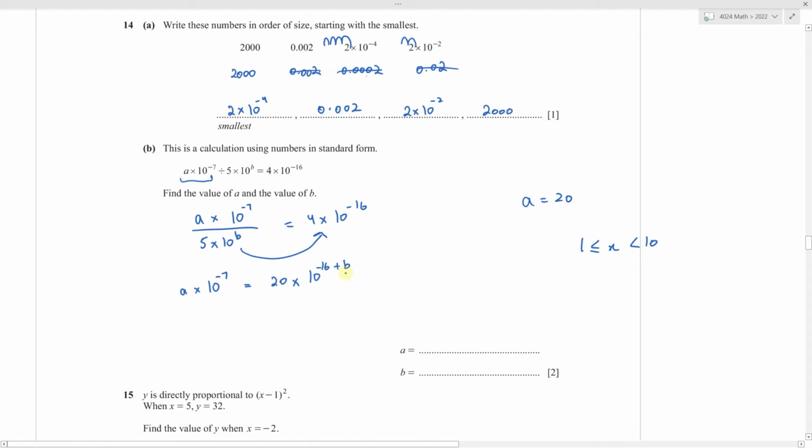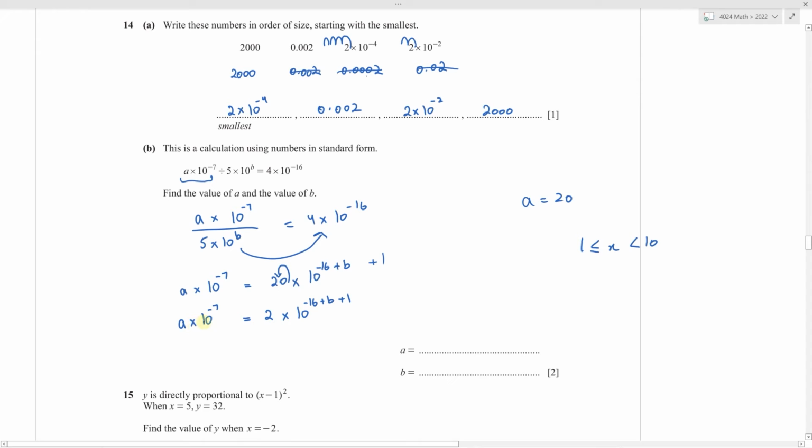So to bring this into this range, I can move my decimal from 20 to make it 2. I can move this decimal one place to the left. That means I have to increase my power of 10 by 1. When you move the decimal to the left, you increase the power by 1. So A into 10 power minus 7, I move the decimal to the left, I get 2 into 10 power minus 16 plus B and plus 1.